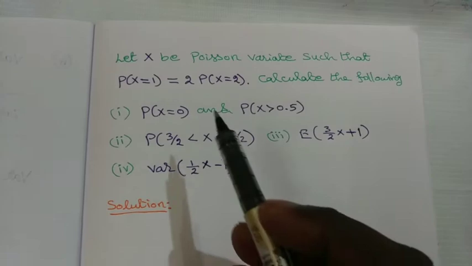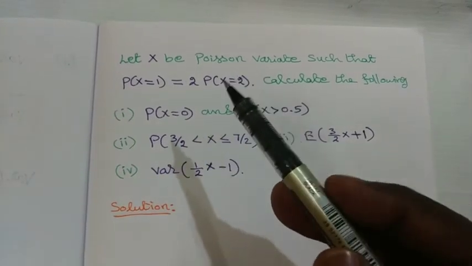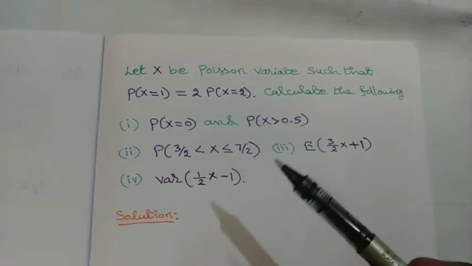So this is the problem. So X is a Poisson variable. That means X represents the Poisson distribution.